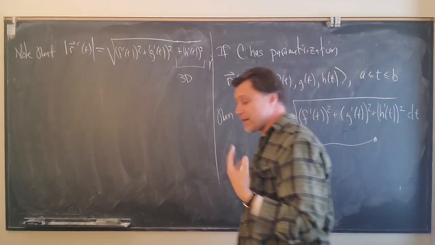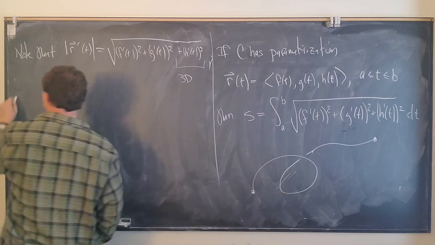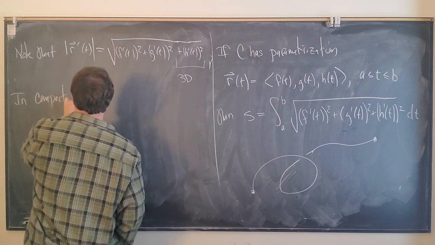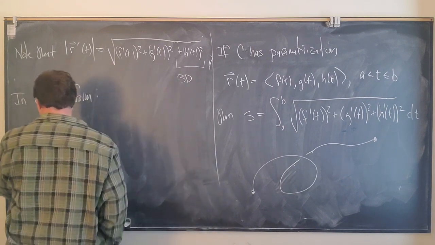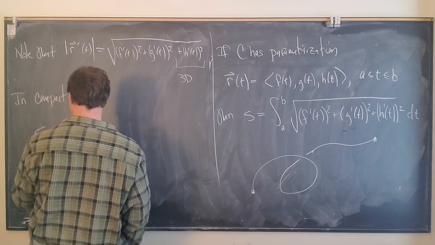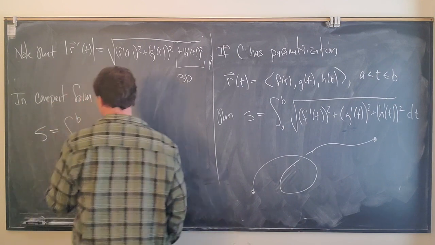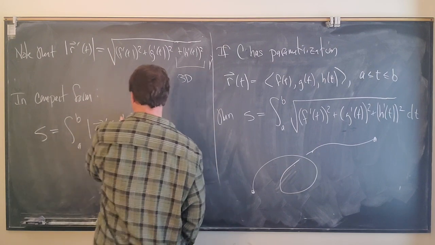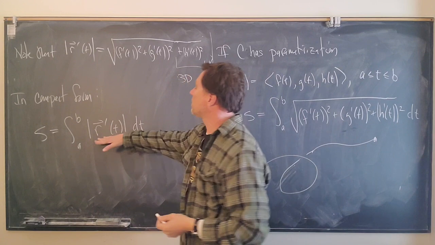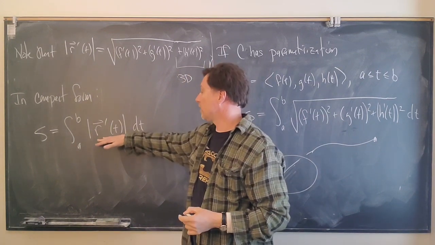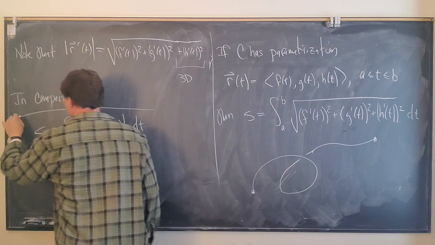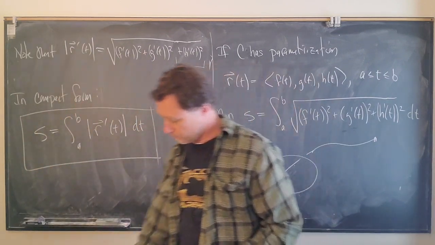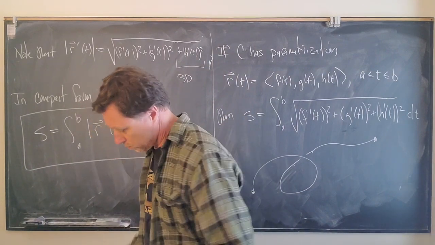And so this gives us a compact form. In compact form, the length of a curve is equal to the integral from a to b, and then your integrand is the length of the velocity vector, the derivative. And that is a nice way to remember the arc length.